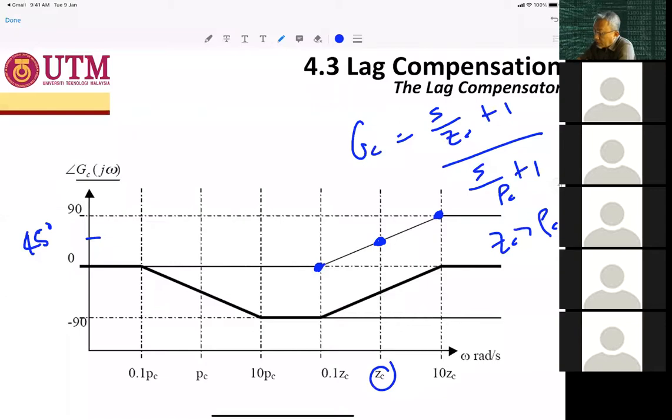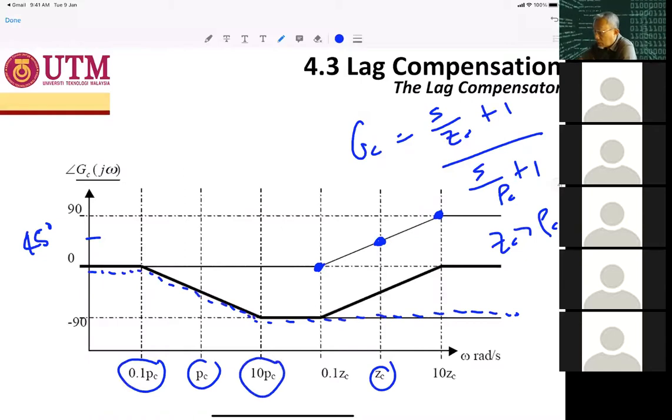And then for Pc, it is here. It will start from here, goes here, then it goes here. That is s over Pc plus 1, where the lower frequency is 0.1 Pc, one decade before, and 10 Pc is the high frequency, one decade after.